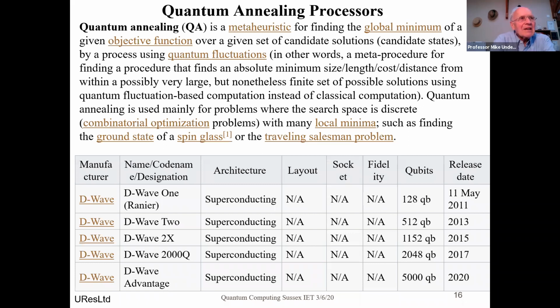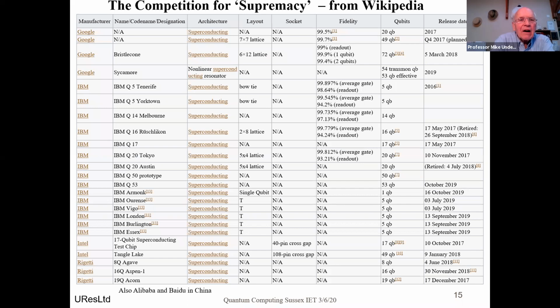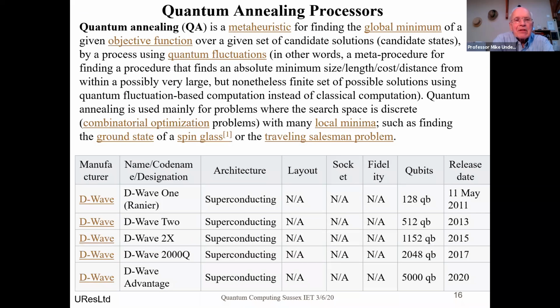Now, those quantum computers, let's go back for a moment, are in fact these superconducting type computers, which we will mainly talk about, but there is another type of quantum computing called quantum annealing, which performs a particular problem of finding a global minimum of an objective function. It's a specialist problem, that's the point.